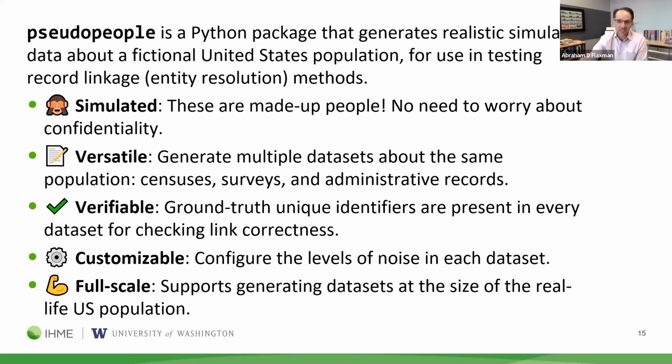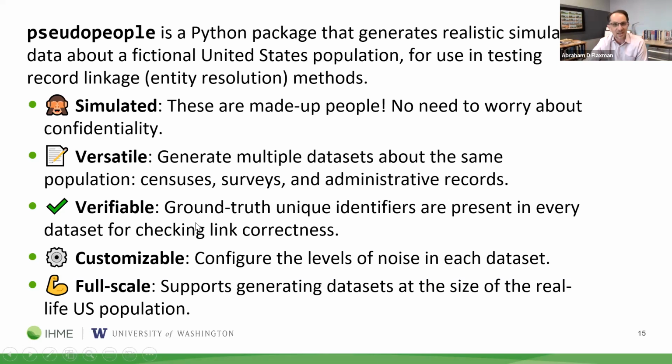It's simulated. So as I mentioned at the beginning, it's going to look like there's confidential information here, but it's not. No need to worry about confidentiality. It's versatile. We've got multiple data sets about the same population: censuses, surveys, administrative records. And it's verifiable. So this is one way that it goes beyond the path of finding real world data to test on.